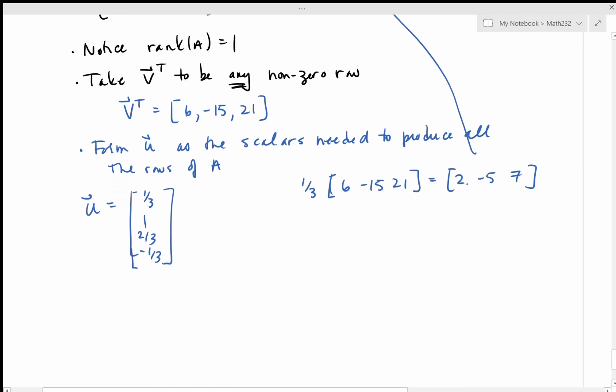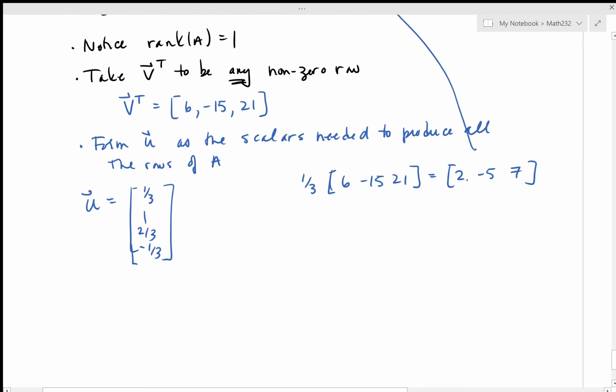So now I have factored A, so I'm saying here that A is equal to U V transpose. And of course we can do this multiplication, which is a little bit messy, and we will see that we get matrix A back.